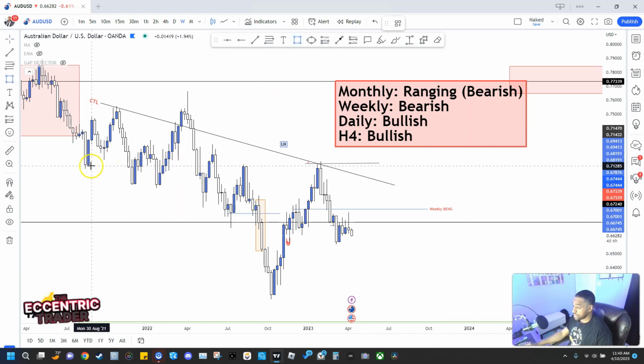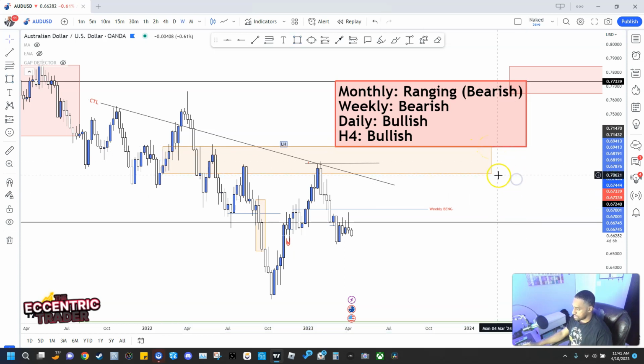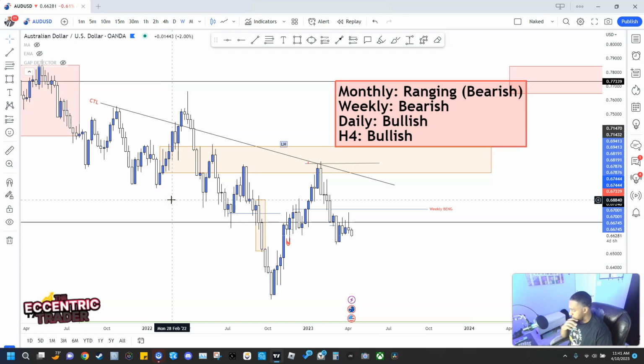Now, some people need to draw some type of zone, something that they can see, right? When you've been trading for a little bit, you kind of can see stuff and you need less and less on your charts. But what I was talking about, from tip of the wick to the end of the wick, you can see some type of zone, an area where price has struggled when it meets that area, right?